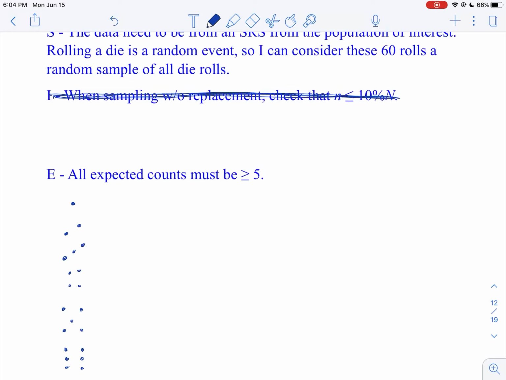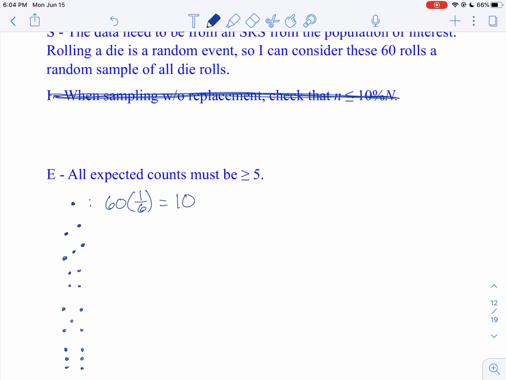So our expected count for rolling a 1 would be our sample size, which was 60, times the proportion, or the probability, remember, was another way to say that, of rolling a 1. What is the probability when I roll a die that I get a 1? It's 1 out of 6, right? Which is obviously 10.